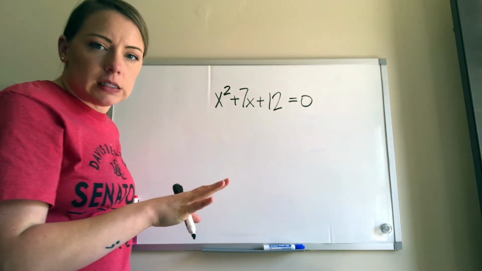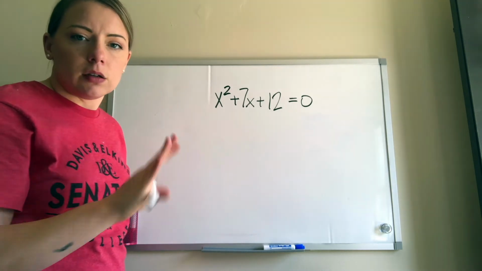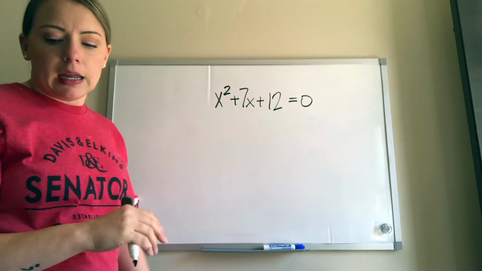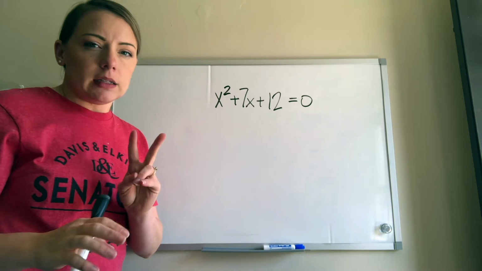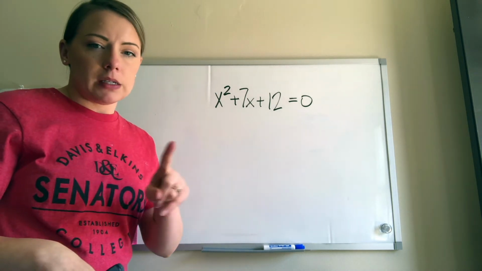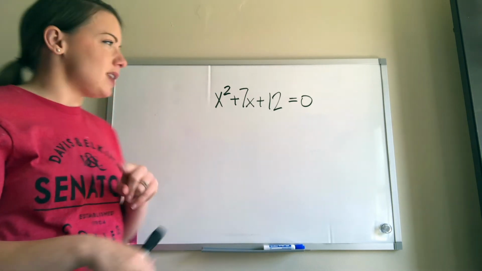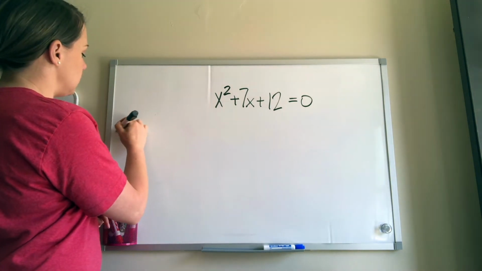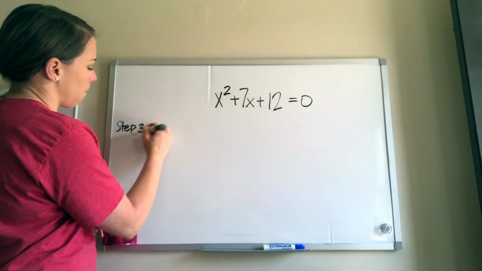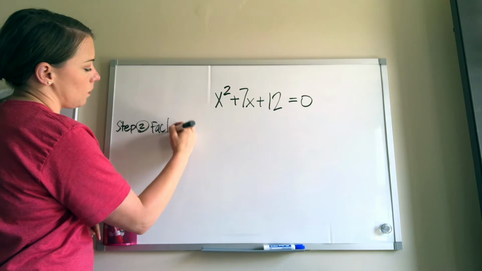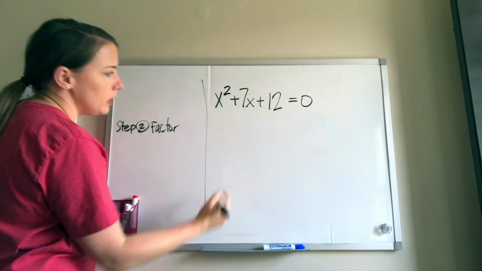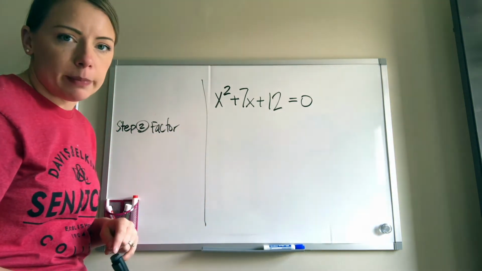If it's already set equal to a number, that's great, don't touch it. Now our second step, and I know this isn't step by step in your notes, so write this down if it's helpful, is we're going to factor the polynomial that we've been given.